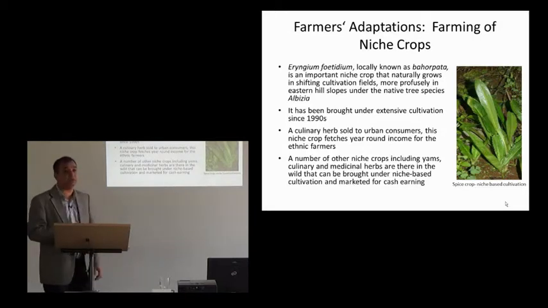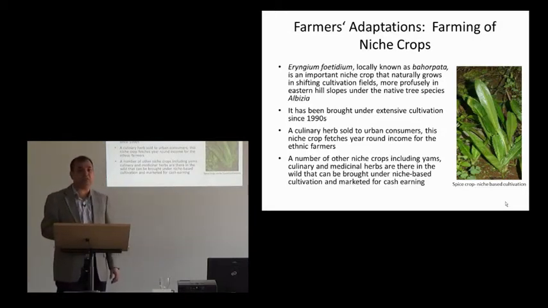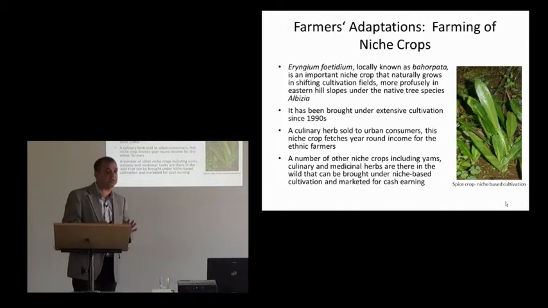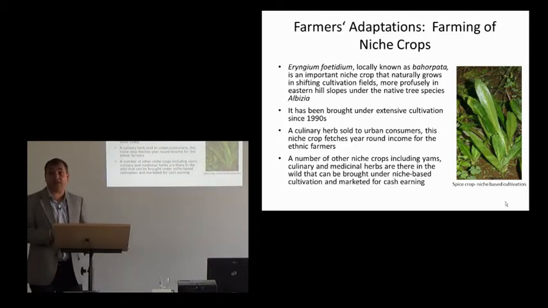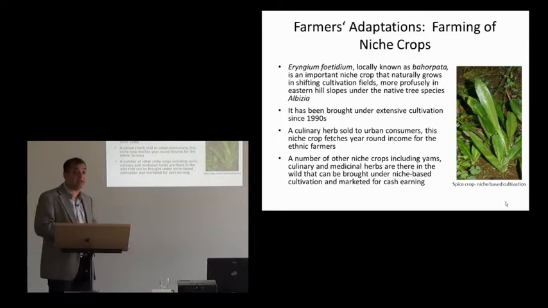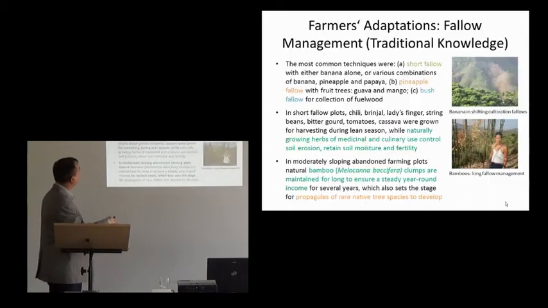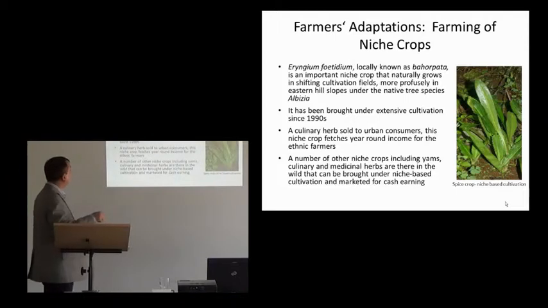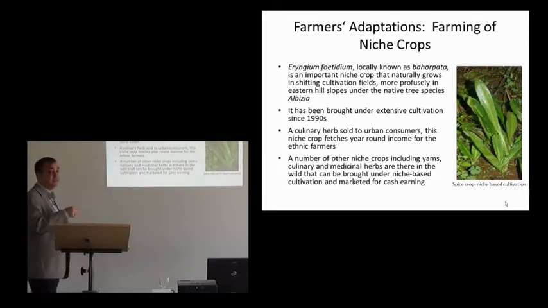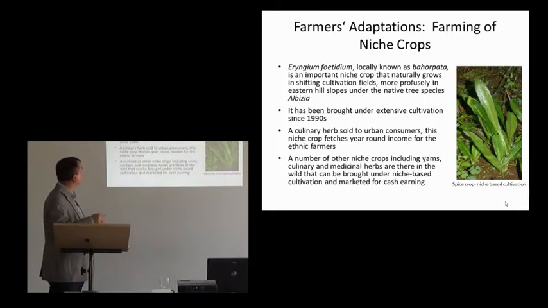This is a niche crop. Maybe you all know about niche crops. Niche crop means they cannot grow everywhere profusely. They grow profusely in some particular places. So the ethnic farmers know where to grow this niche crop, for example, under the native tree species Albizia, and also in some other places, some other conditions.